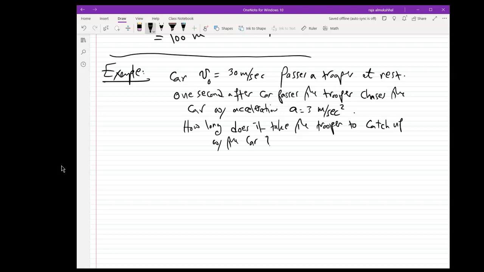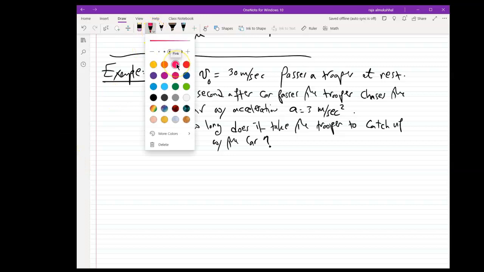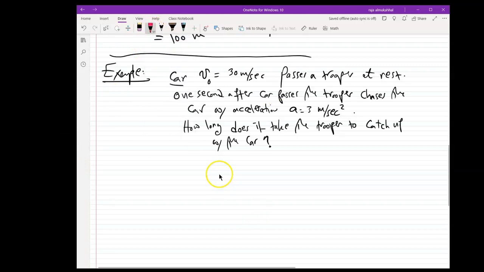Okay? So here we are assuming that initially the car is moving with constant speed. Remember that, okay? So let me just write it down here, so we both agree on that. So the car here is moving at constant speed, okay?